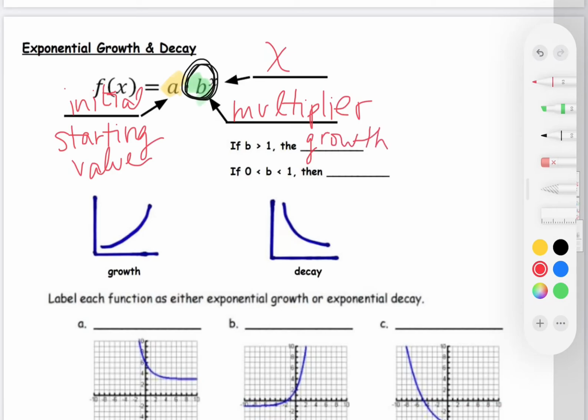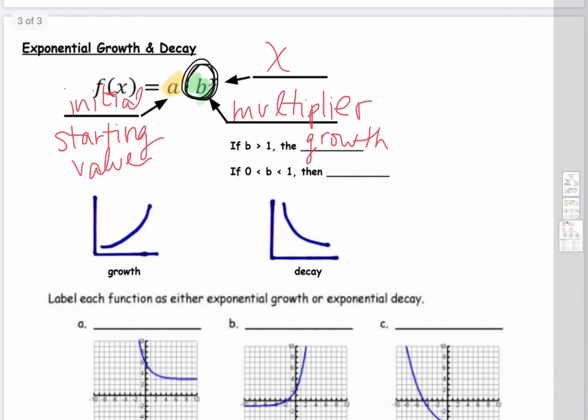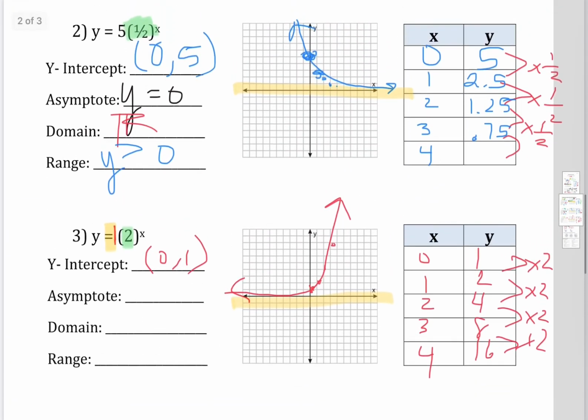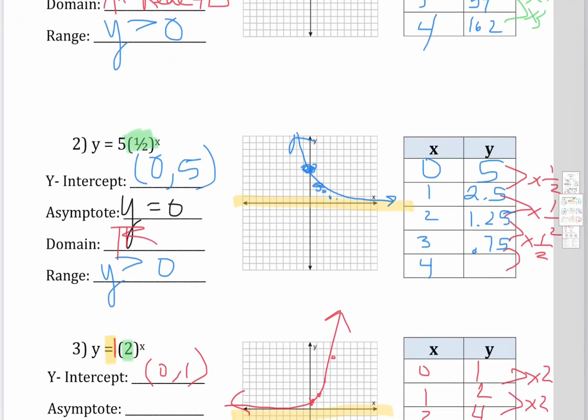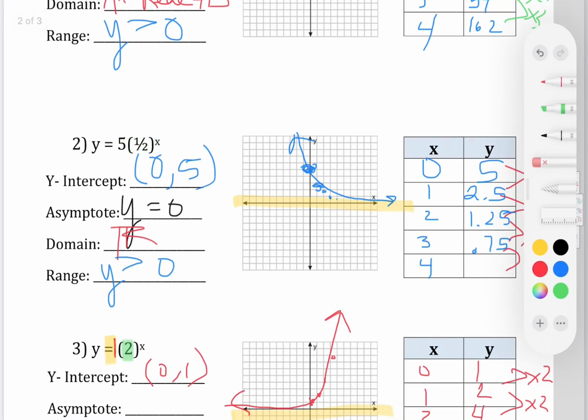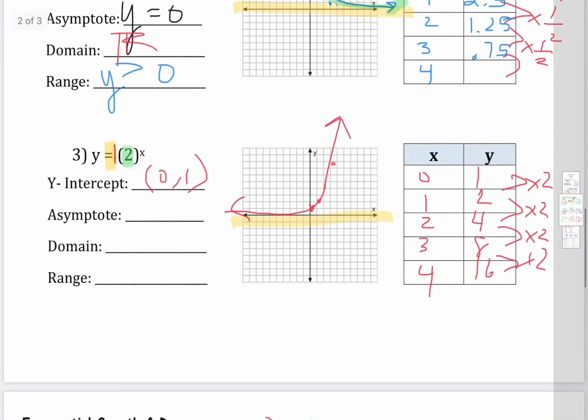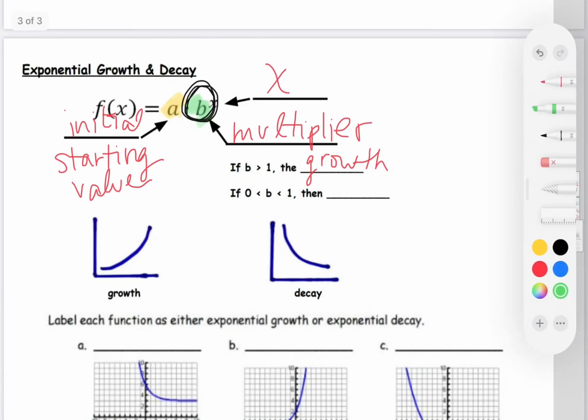I should say then, if my B number, my multiplier number, is bigger than 1, then this graph is a growth. If this number, my multiplier, is between 0 and 1, which means it is a fraction, so in this example, my multiplier was 1/2, this graph is dropping downward, so that is called a decay. So this is called exponential growth and decay.